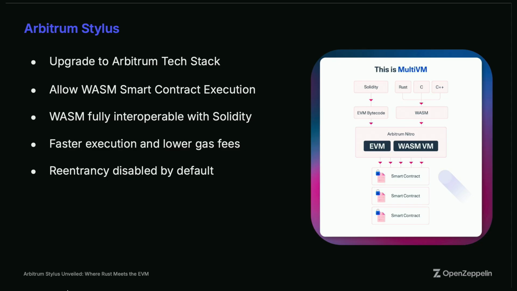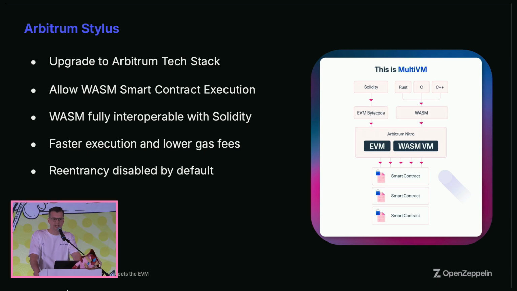Thanks to the WASM virtual machine, we have faster execution and lower gas fees, because operations on the WASM virtual machine are much faster in comparison to the EVM. Thanks to Arbitrum Stylus, we also have higher security, because Stylus disables reentrancy by default.